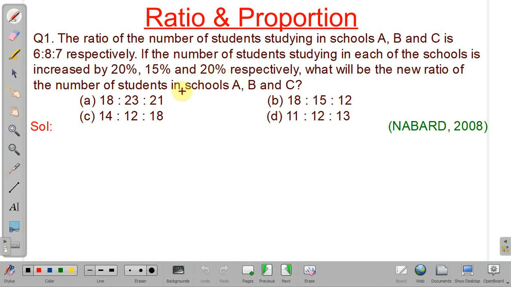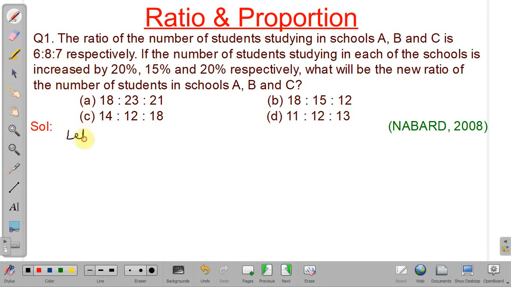Okay, so how can we find it? See, as the ratio of the initial number of students is given as 6:8:7, on this basis we can assume the initial number of students.